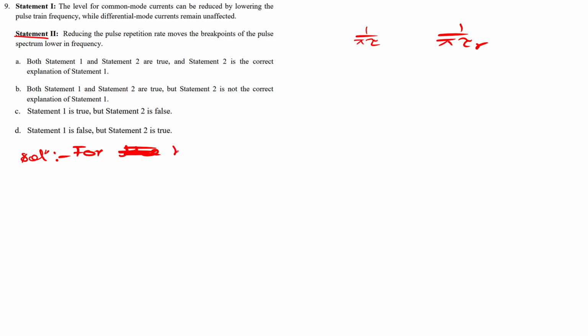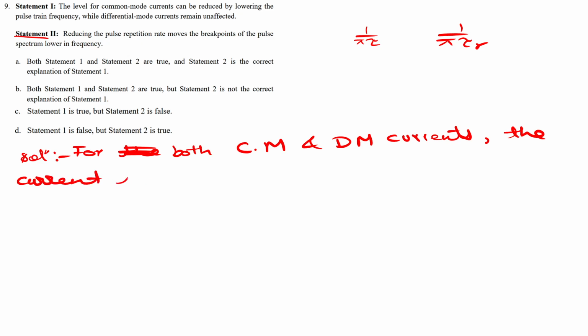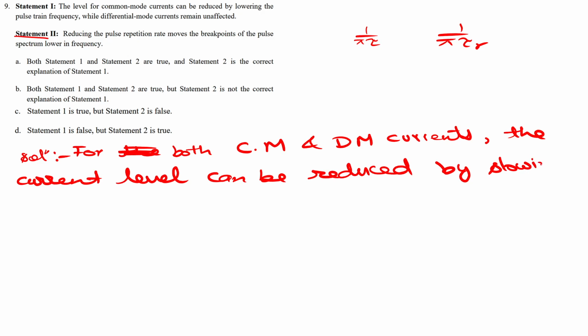For both common mode and differential mode currents, the current level can be reduced by slowing the pulse rise or fall time.